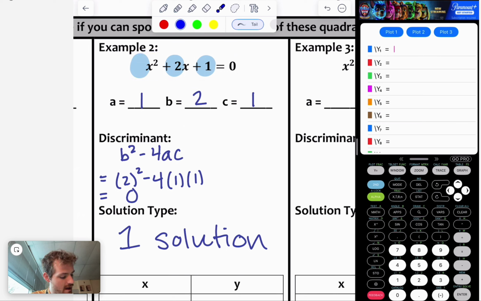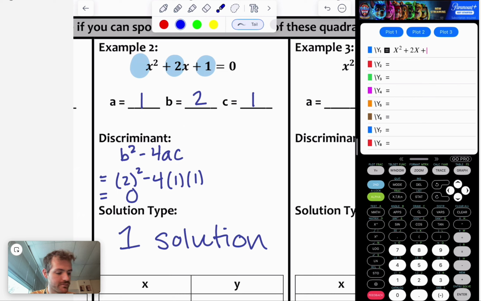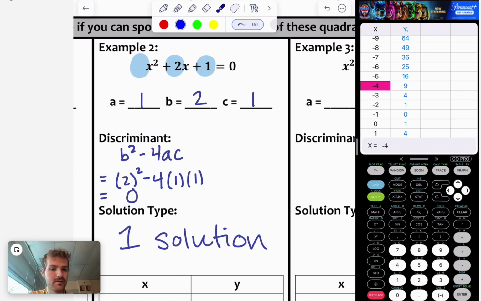So I see x squared plus 2x plus 1. You don't need the equals 0 part. You just put that chunk in there. Once you do that, you're going to go to your table. Remember, by pressing second and then graph. Okay, you see that pulls up our table.